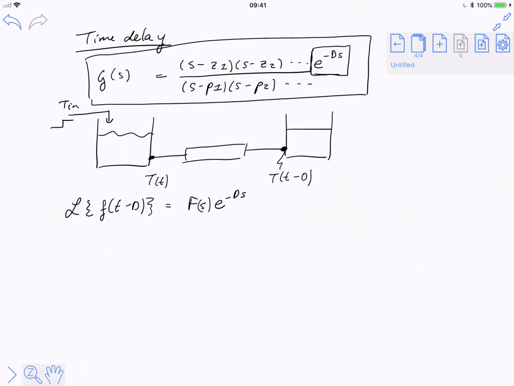However, I will be recording a video for you to review during that lecture time, which is about approximation of higher order systems by lower order systems. Because you can now see we started with simple systems, and we've gone more and more complicated. We've added more and more terms in the numerator, and now I've added terms in the denominator, and I've added exponentials.